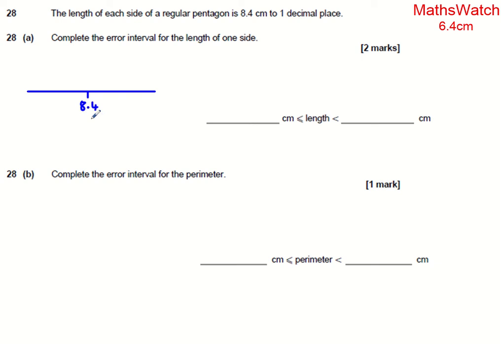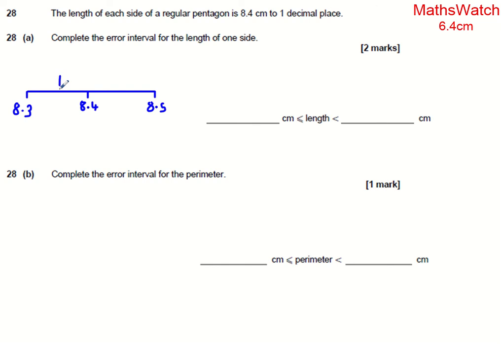Now that has been rounded to 1 decimal place, which means that there is a number 1 decimal place down as 8.3, and 1 decimal place up is 8.5. The error interval is showing which numbers would round to 8.4 to 1 decimal place, rather than going down to 8.3 or up to 8.5.